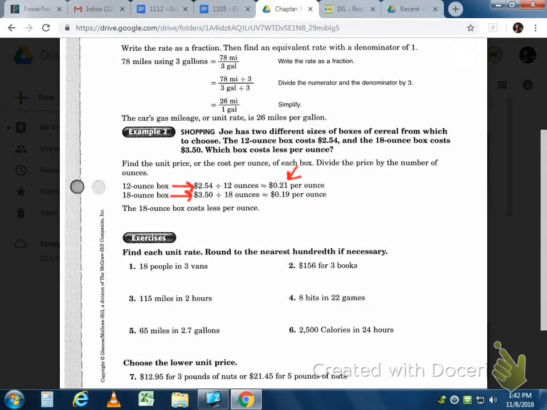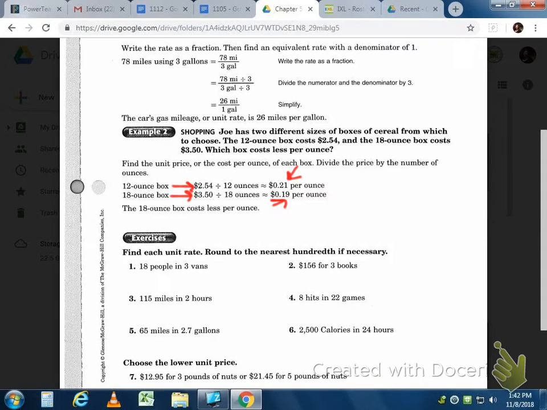So you would take $3.50 divided by 18. That one comes out to 19 cents per ounce. So which one is clearly the better buy? Which one should you buy if you wanted to save money in the long run, Liam? The 18-ounce box. It's only 19 cents per ounce. So that would be definitely the better buy.